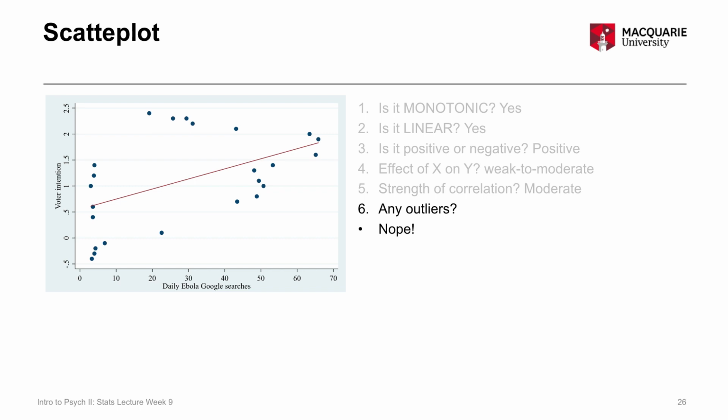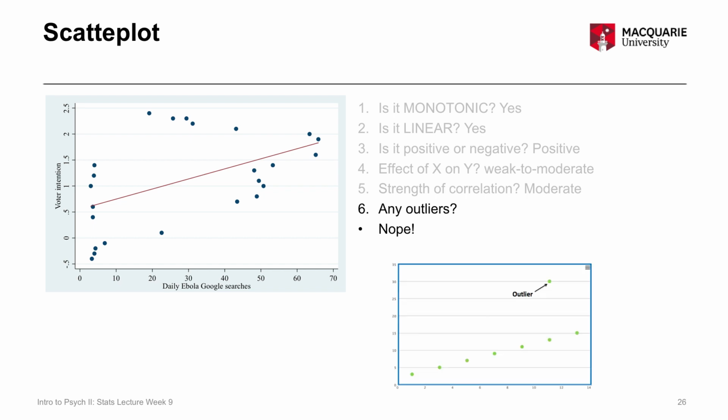Those are more decisions for future, more advanced stats courses if you want to do those. But for our purposes here, it's just a data point that's sitting away from the rest of the data points. If you're looking at the graph and you're not sure, it's probably because there are no outliers. You tend to know outliers when you see them because they're quite obvious, they stand out because they're sitting away from the rest of the points. Whereas here, we definitely don't have any outliers.